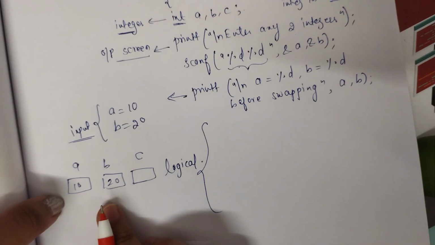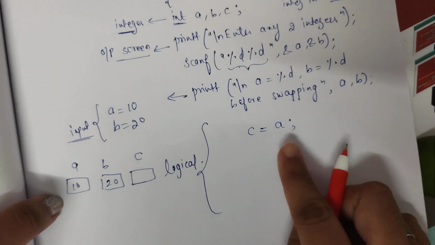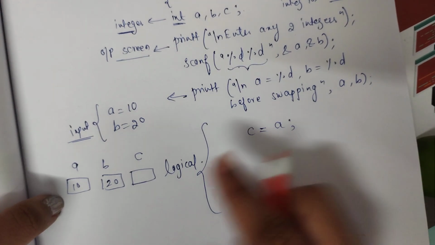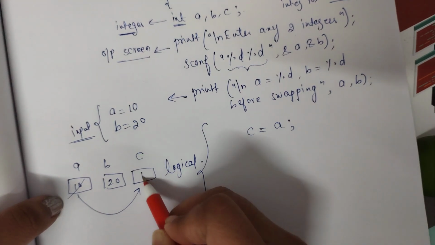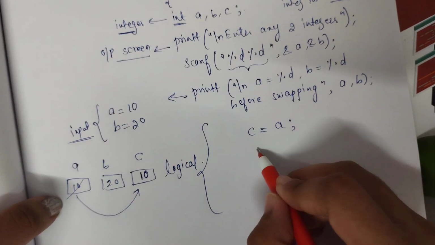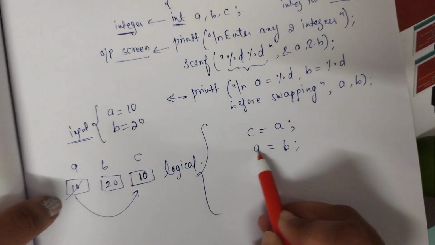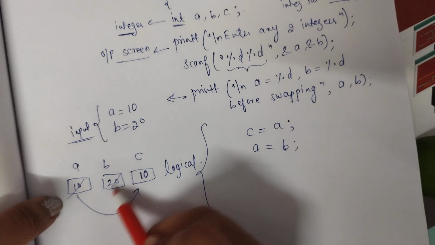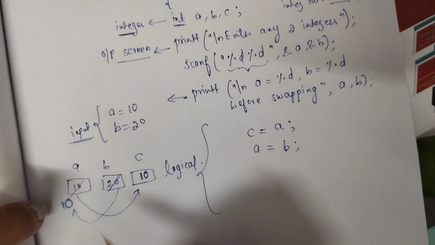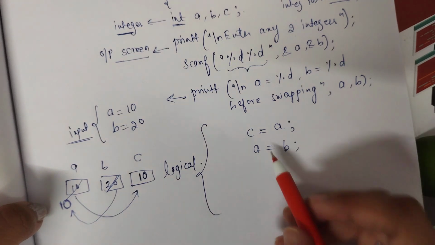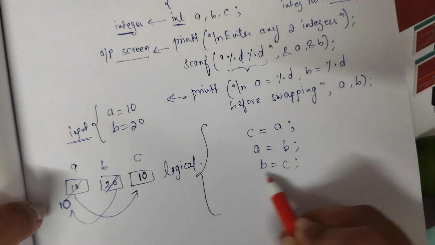So we are giving C equals A, assigning the A value to C. Got it? Then A equals B, assigning the B value to A. After that, we are assigning the C value to B.